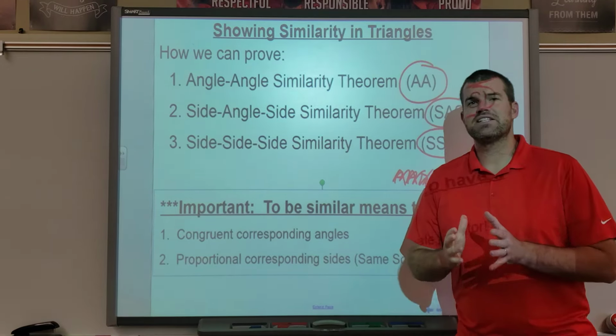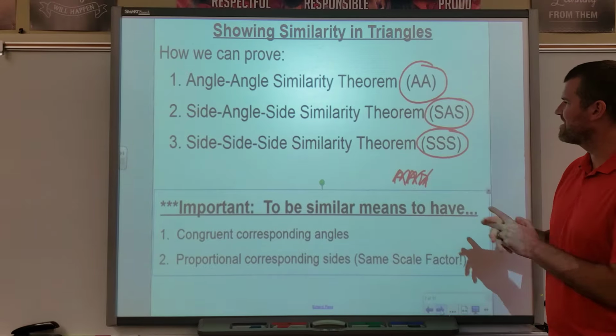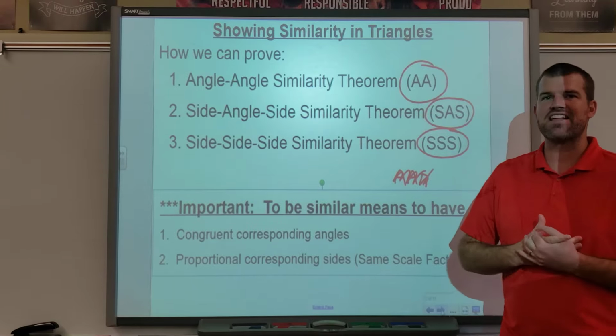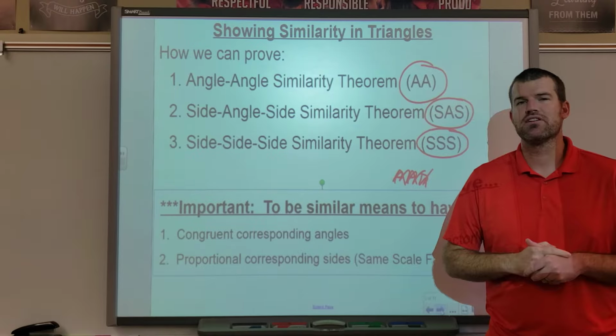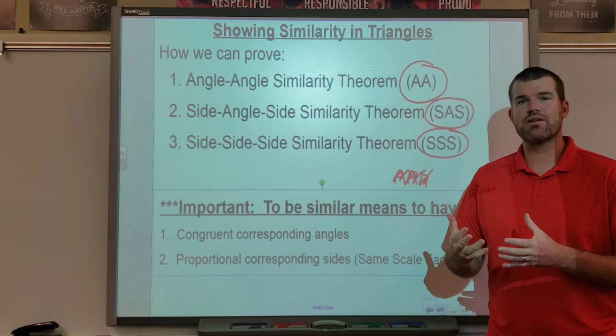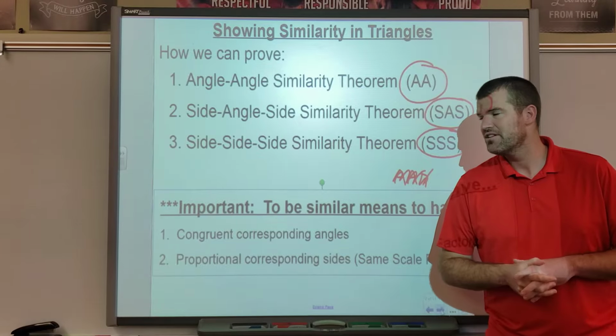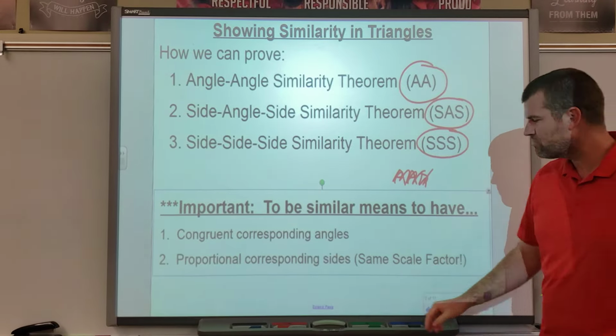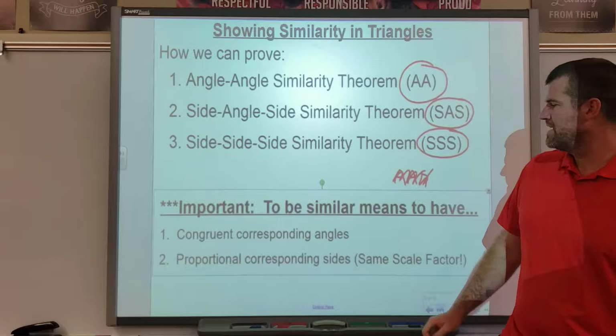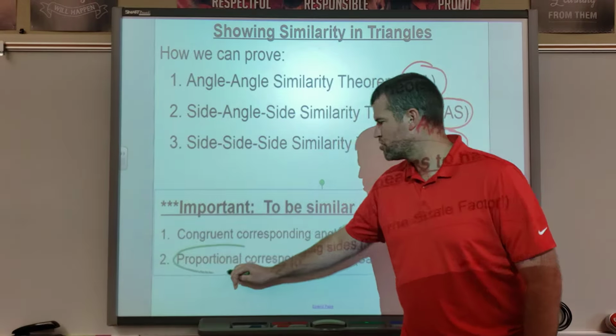Now, what's a little bit different is that the S's don't mean that the sides are congruent anymore. Because we know that when we have similar shapes, right, when we dilate something, the side lengths are going to change. So they will not be the same measure. What they will be, however, is proportional.